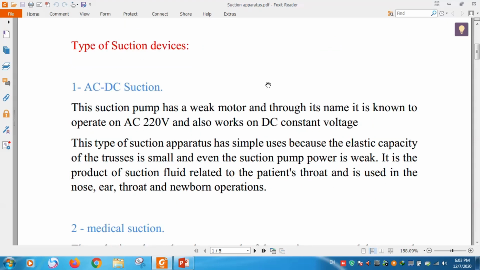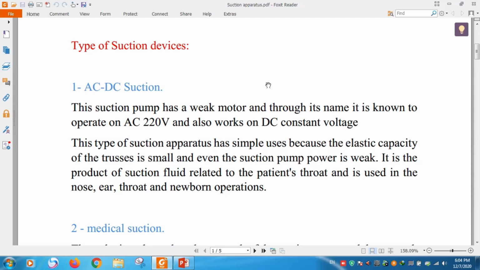Number one, AC/DC suction. This is a very easy device. This suction pump has a weak motor, and through its name it is known to operate on AC 220 volt and also work on DC constant voltage.